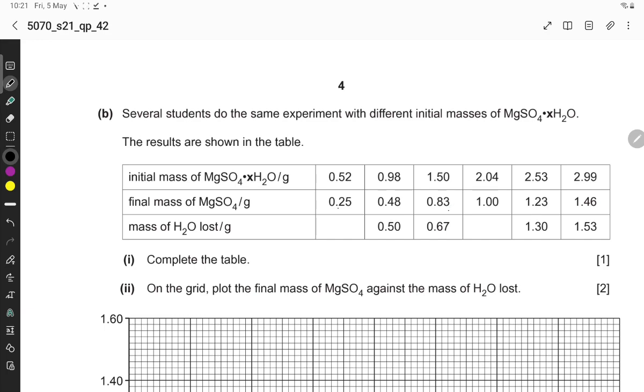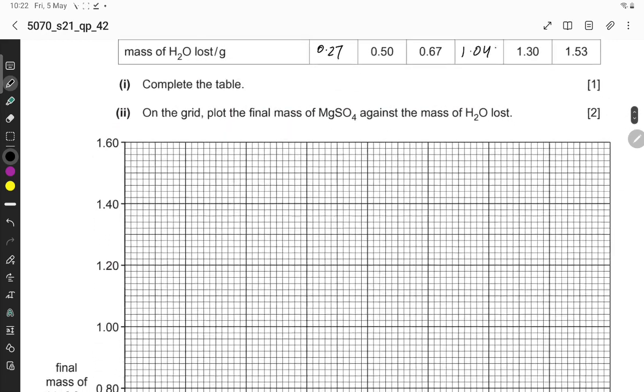So subtract the final mass from the initial mass, so we get, by subtracting the mass, 0.27 and 1.04. Complete the table on the grid.